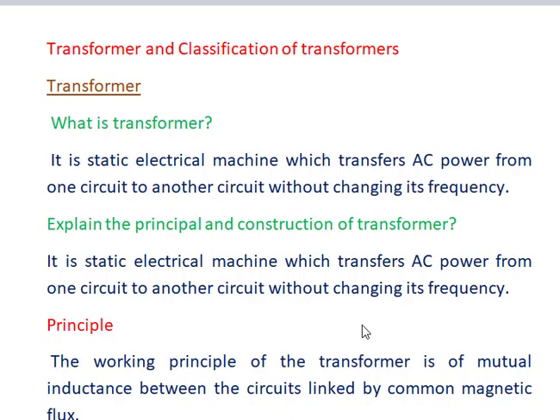The secondary coil is also a copper coil. So this magnetic flux is induced in the coil. According to Faraday's law, when a current is passing through the coil, it produces the magnetic field. According to Lenz's law and Faraday's law, when the coil cuts the magnetic field, an EMF is produced in the coil.